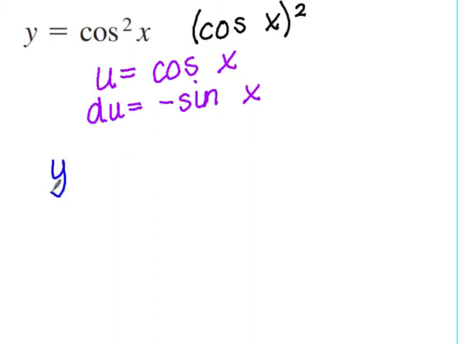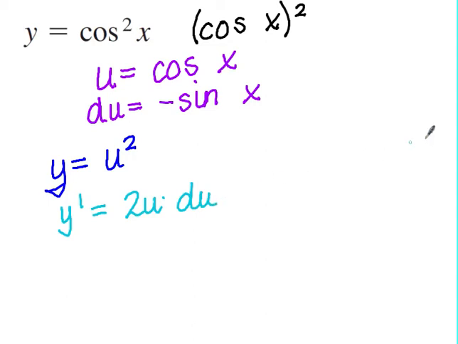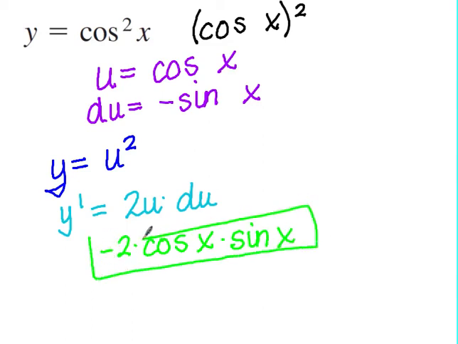So y equals u squared. Okay. So y prime is 2u times du. So now I get 2 times cosine times sine, okay.